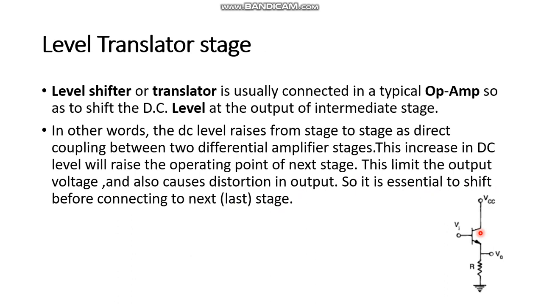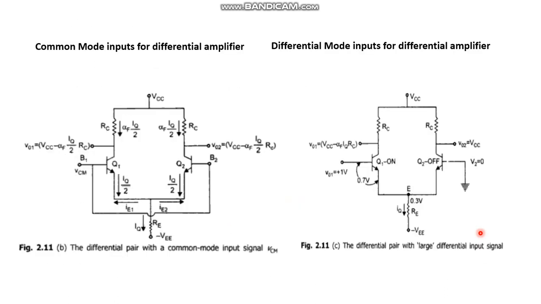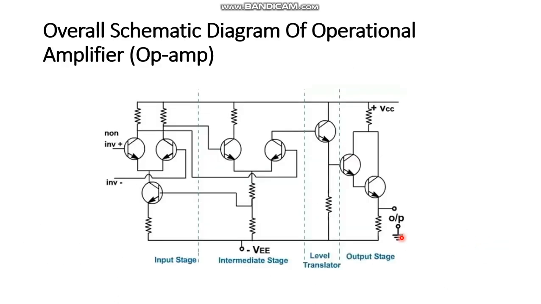Level translator stage. If you have seen here, we don't have any capacitors connected between one level and the next, that is from the input stage to the intermediate stage. As these are manufactured in IC form, we should not connect a capacitor between one stage and another to block the DC level.